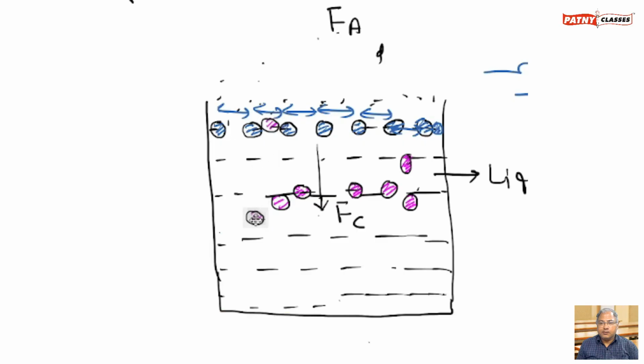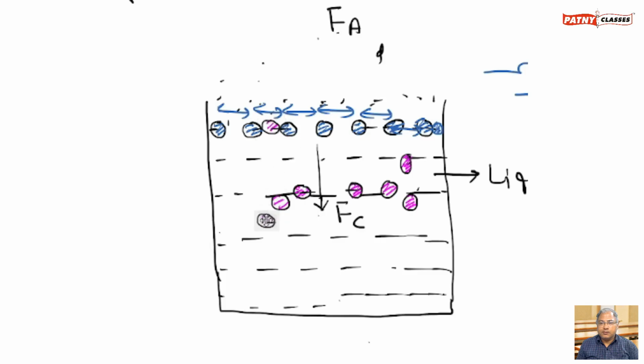Now, there are molecules which have already gone into the liquid. There are so many molecules which are not present on the surface but inside the liquid. You are interested in bringing them to the top of the surface of the liquid.